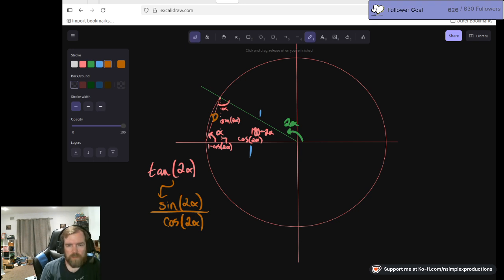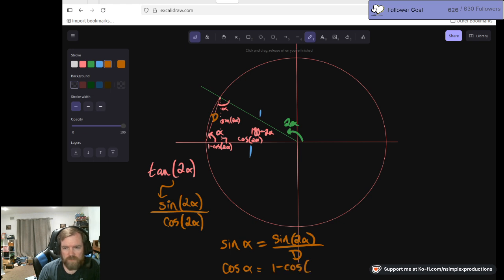Sine of single alpha is going to be equal to the sine of 2 alpha over d, and the cosine of alpha is going to be equal to 1 minus cosine of 2 alpha, also over d.